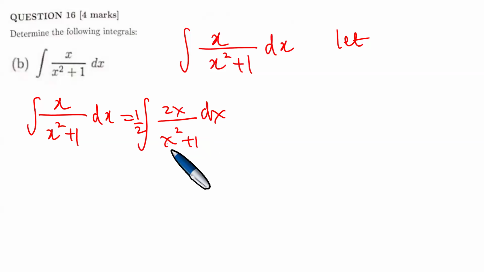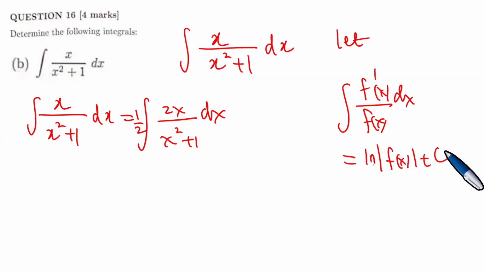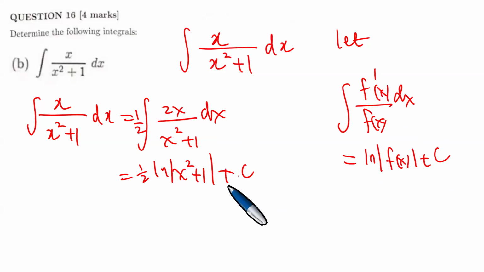So we know in mathematics that whenever there is a function f of x whose derivative sits in the numerator, then the answer becomes the ln of f of x plus c, which is 1/2 the ln of x squared plus 1, like that.